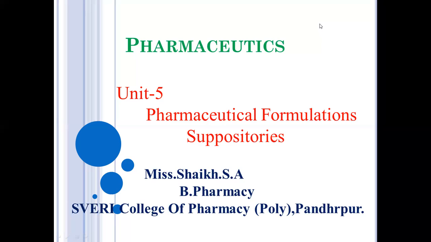Firstly solid, then liquid, and after that topical or semi-solid preparations. In which we have to learn ointments, creams, pastes, topical gels, liniments, lotions, suppositories, and pessaries. So these 8 dosage forms we have to study under the semi-solid dosage form or topical preparations. So let's start with suppositories.